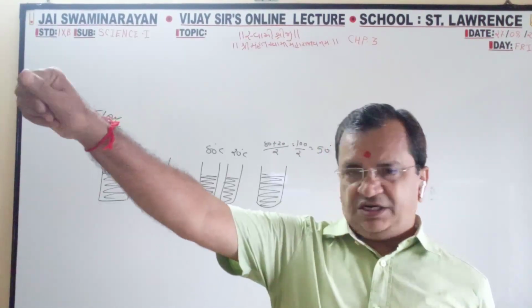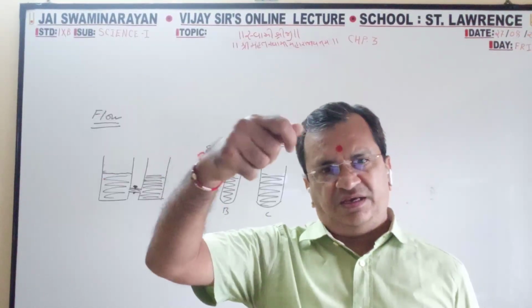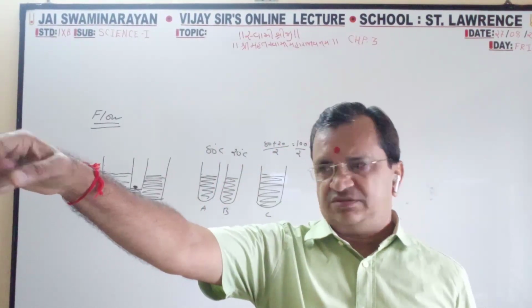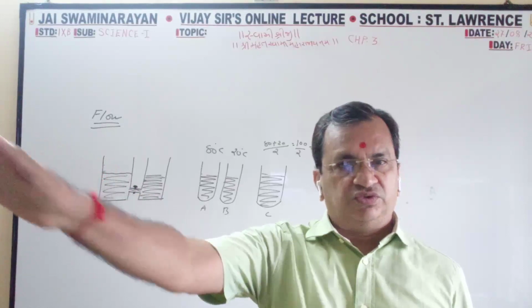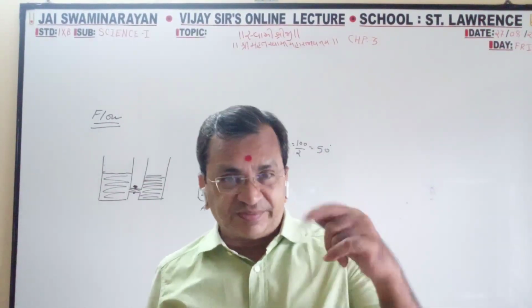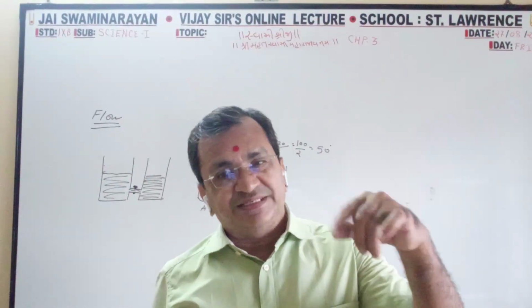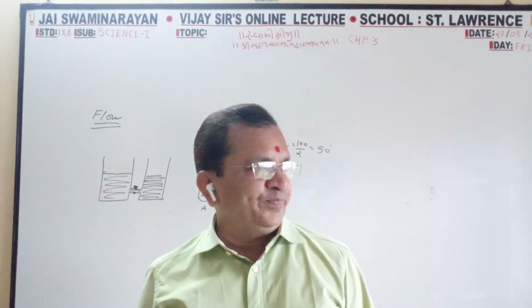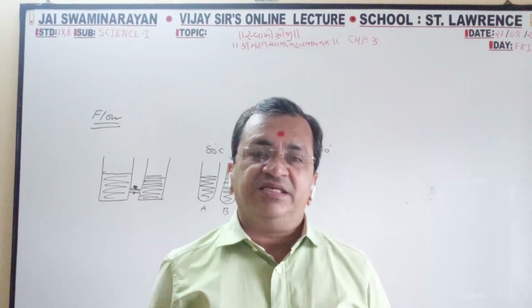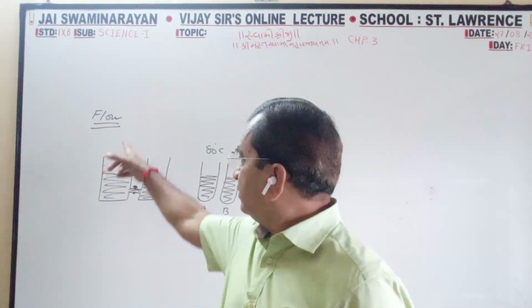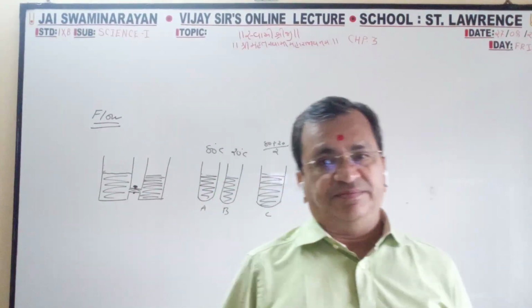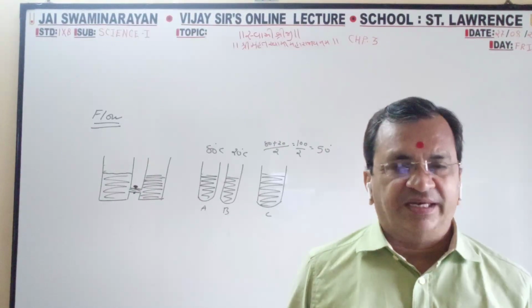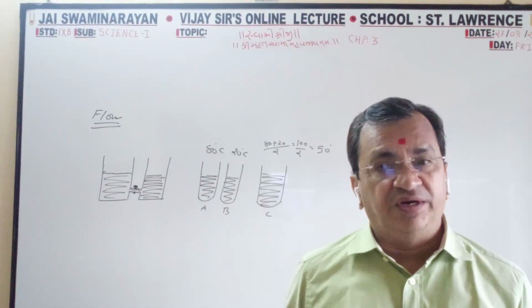So take a dust of sand, very small particles of dust, and just allow it to flow. In which direction it flows, from that you will come to know that the wind is in that direction. Again, this is the flow. Third example, wind. First water, second temperature, third wind.